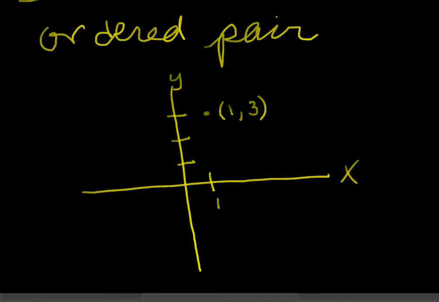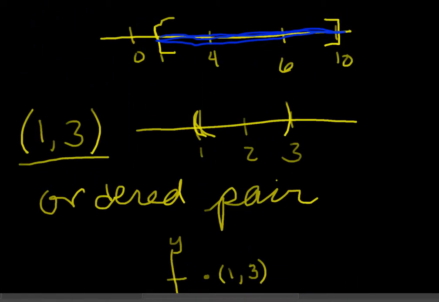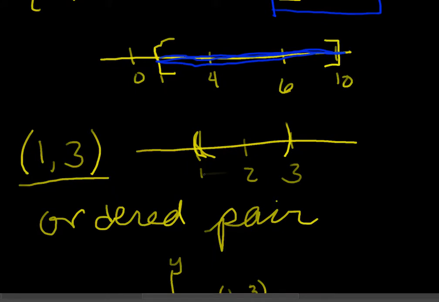So it's important to discuss how to tell the difference, because we have duplication here. We can have this notation where we have 1 comma 3 in open parentheses, and if in the context we know that that's an interval, then we're thinking of all the numbers between 1 and 3.